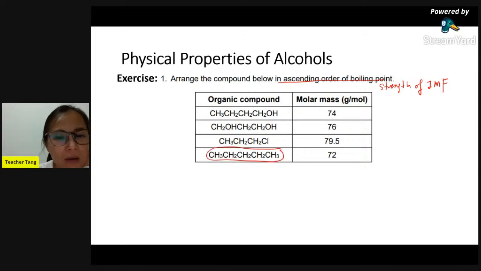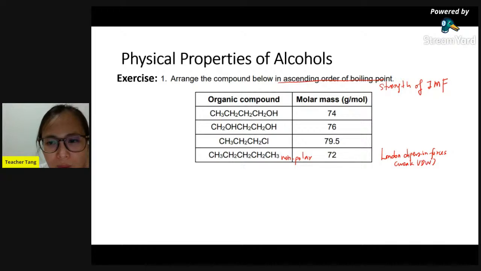So this is an alkane, and alkanes are non-polar. Last semester you learned that if non-polar, it only has London dispersion forces. So this one is weak van der Waals forces. Then we move on to look at alcohol and also haloalkane. They are all polar molecules.